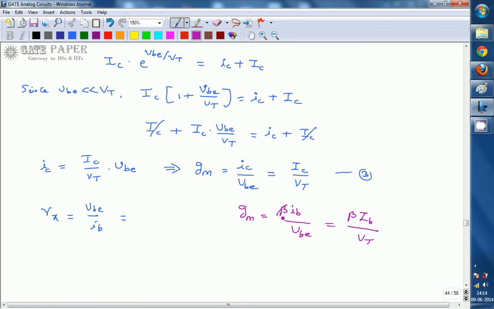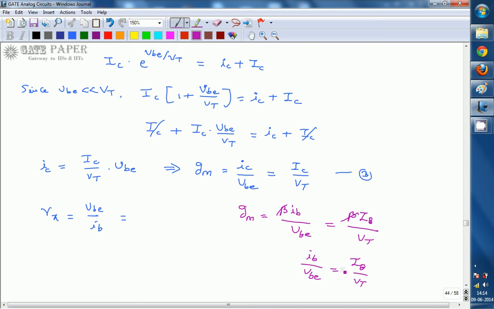So beta cancels. That implies ib by vbe is equal to capital IB divided by VT.